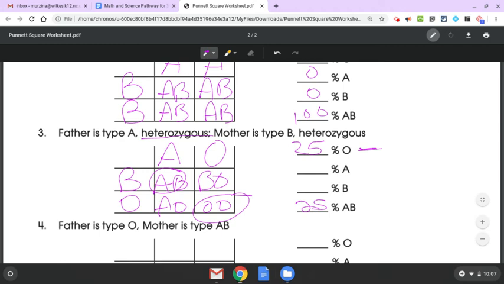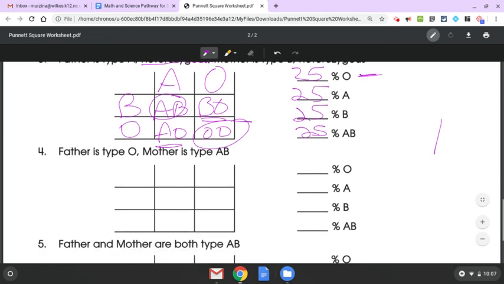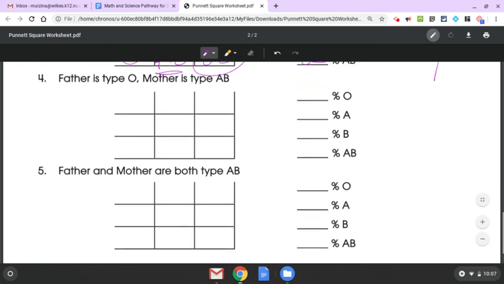And then these two, the AO and the BO, will just end up being type A blood and type B blood. For this particular cross, there's a 25% chance, an equal chance, for each one of those blood types. So the offspring could really have any blood type that we have listed. It's equally likely for all of them.